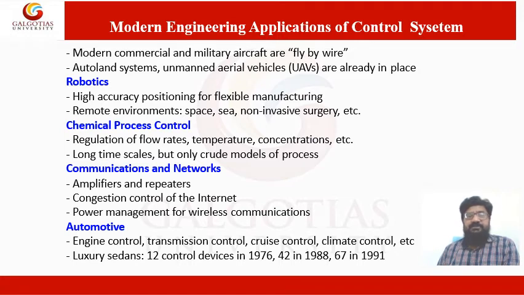Whenever there is congestion of the internet, we need a control system which can work efficiently so that the congestion is reduced. Another example is power management for wireless communication. Also, we use it in the engine. Modern automotive vehicles use control systems for the injection, for the air-fuel mixing, and for controlling the proper turbulence inside the engine.